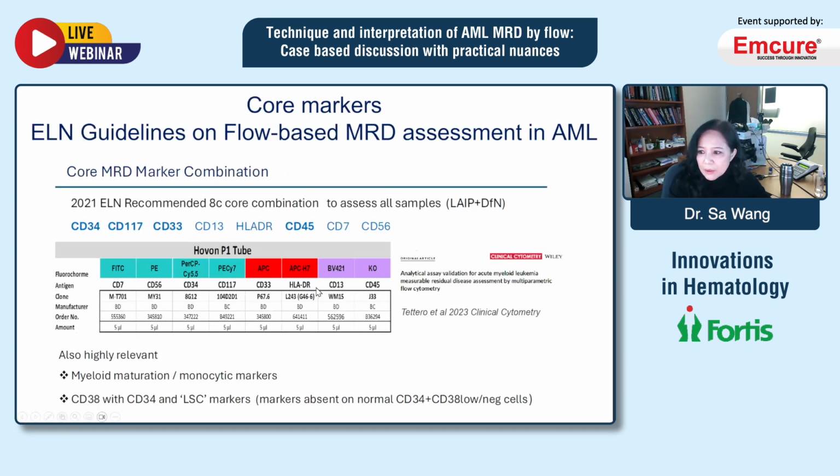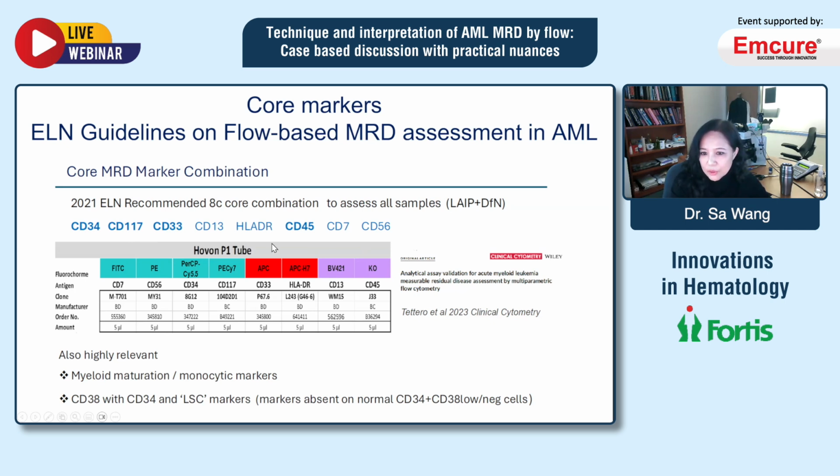I want to start very straightforward, with markers. What markers should be used? The first ELN recommendation, published in 2018, used only 8 markers on an 8-color flow cytometer, just very basic markers. In my opinion, this is not sufficient.